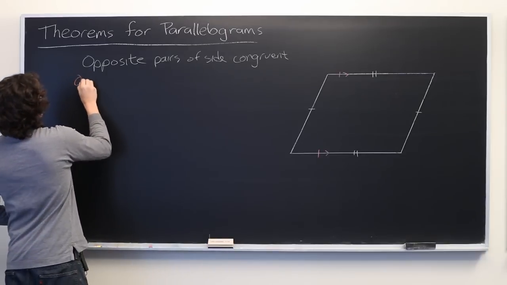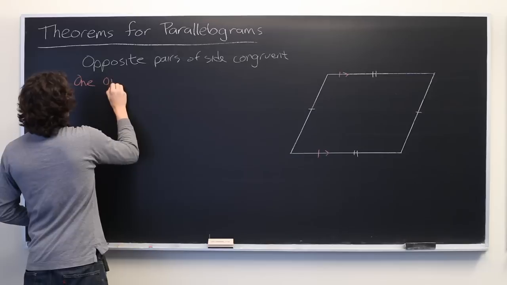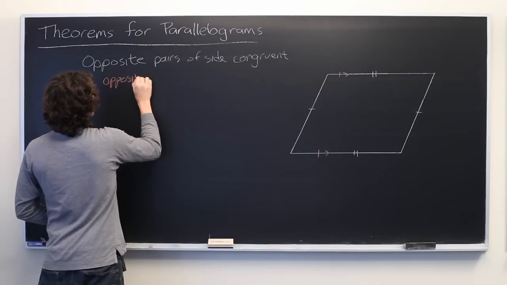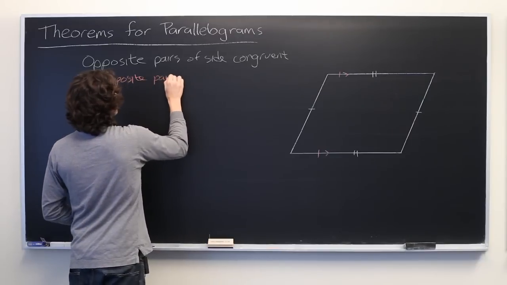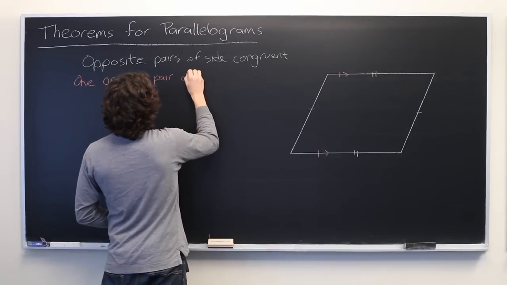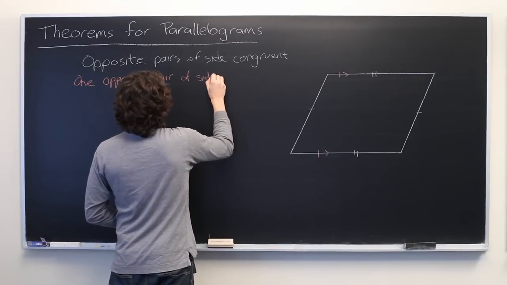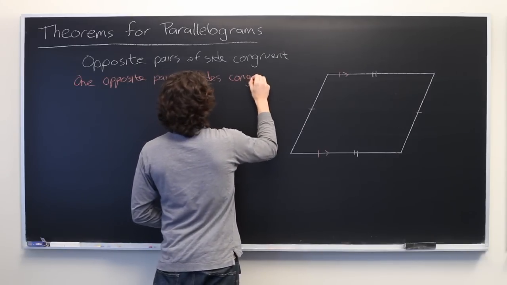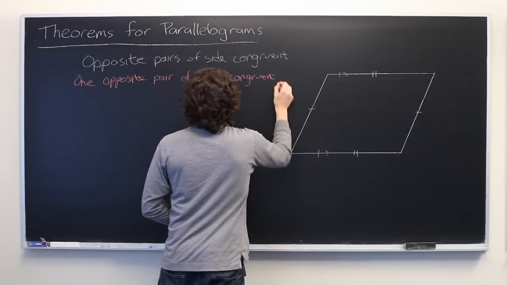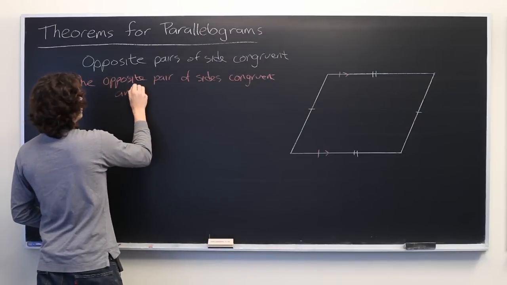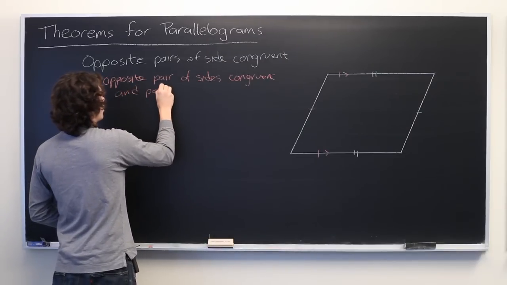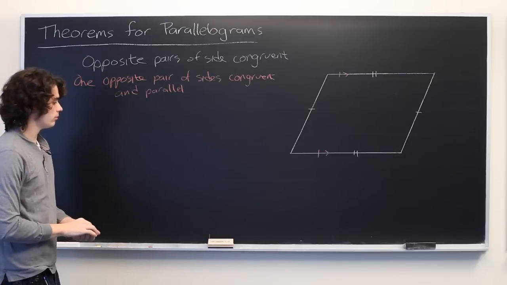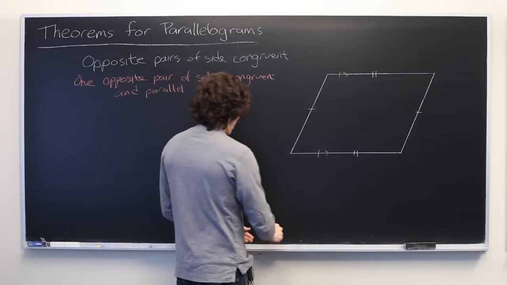We have one opposite pair of sides is congruent and parallel. That's also enough information. Let's talk for a moment about the diagonals.